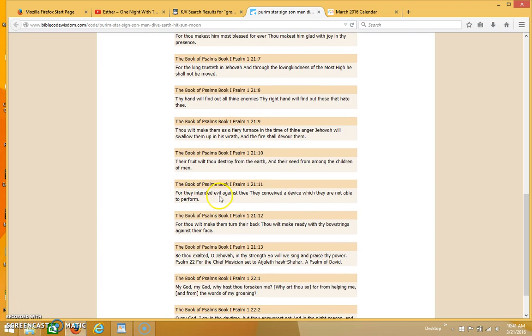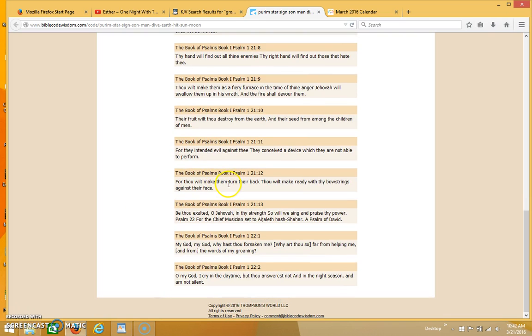For they intended evil against thee. They conceived a device which they are not able to perform. For thou wilt make them turn their back. Thou wilt make them make ready with thy bowstrings against their face. Be thou exalted, O Jehovah, in thy strength. So will we sing and praise thy power."